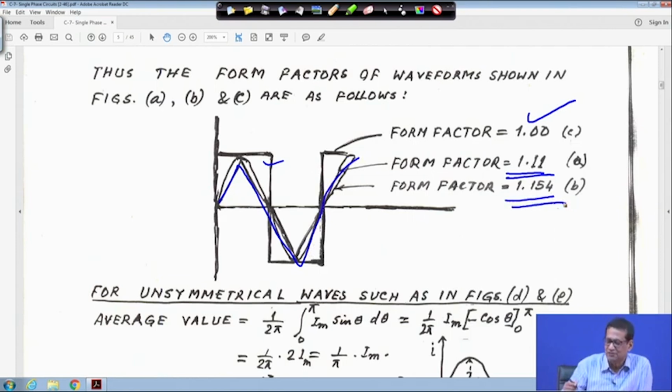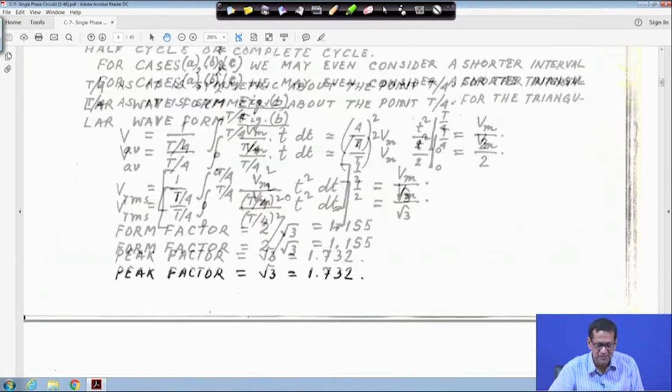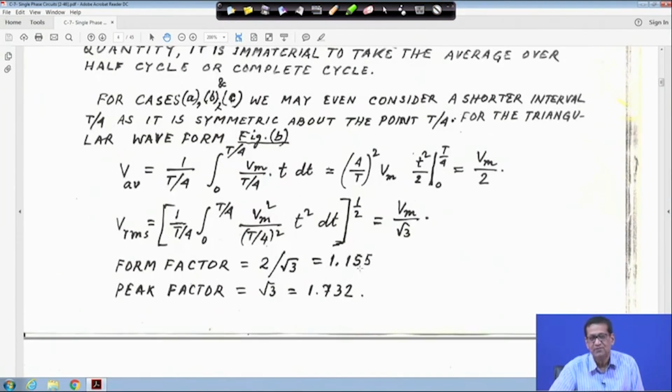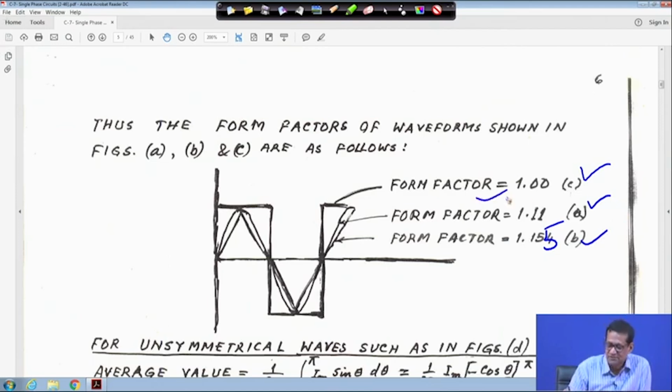Just now we calculated for the triangular one, we calculated 1.155. So here also it is 1.155, right? So this is for figure C, for figure A, and figure B, right? So the form factor for your square waveform is 1, right?